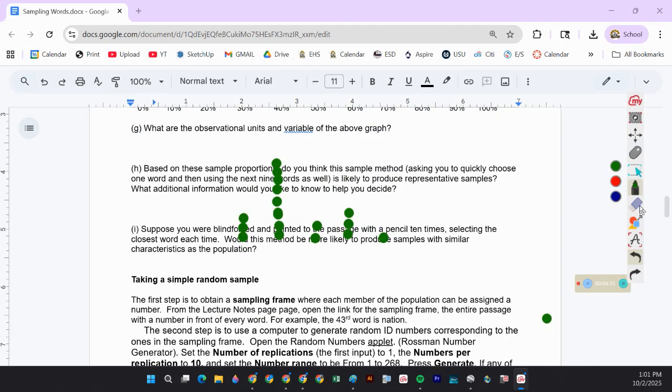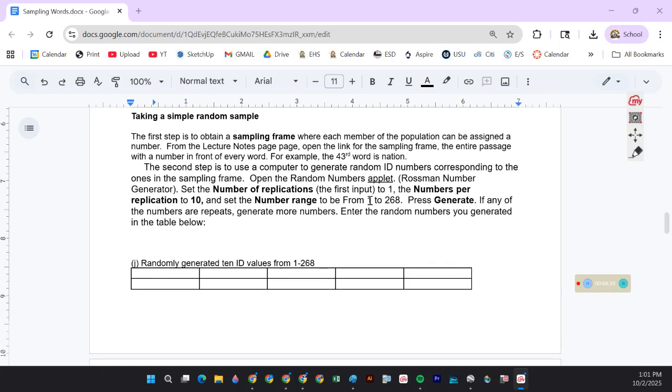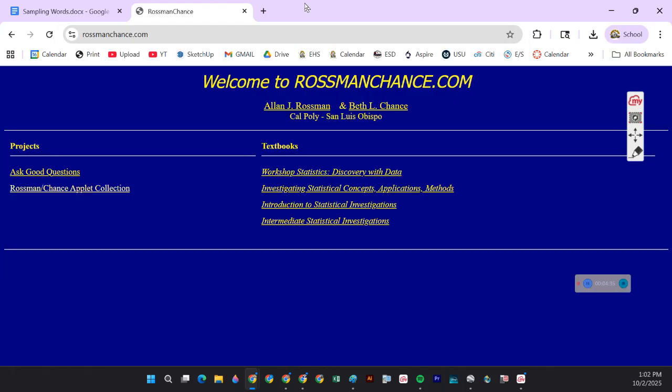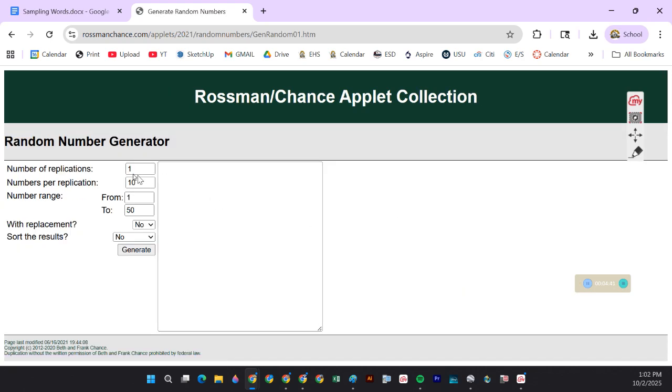So let me clear this out. All right, so the way that we are going to make a better sample is we go to Rossman Chance, and then we go to this random number generator. Okay? And this will generate random lists of numbers. So we only want to do one list.